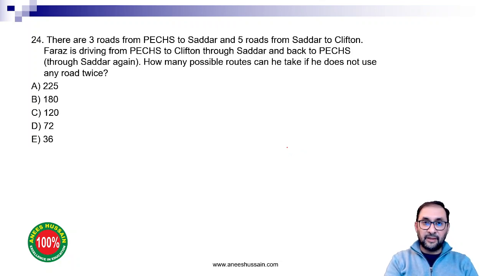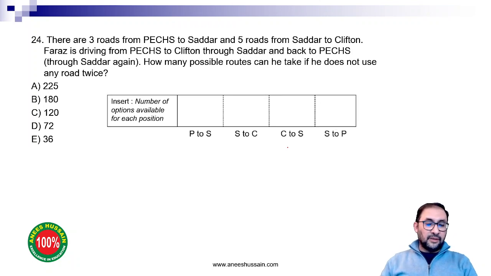So let's make the hangman positions here. So he goes from PECHS to Southern. Remember, there are 3 roads from PECHS to Southern, so 3 options here. And from Southern to Clifton, there are 5 roads available, so put 5 here.